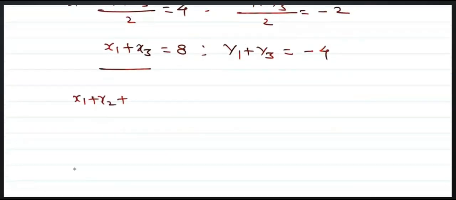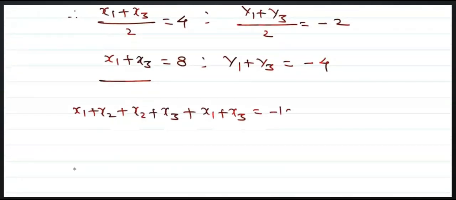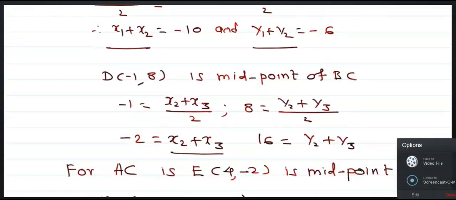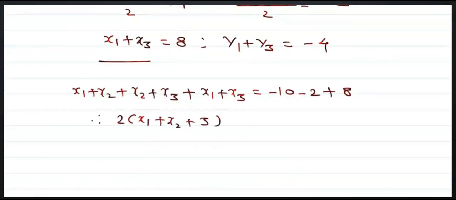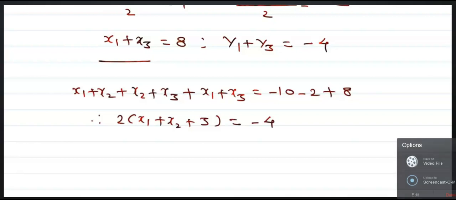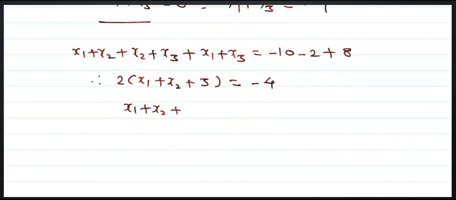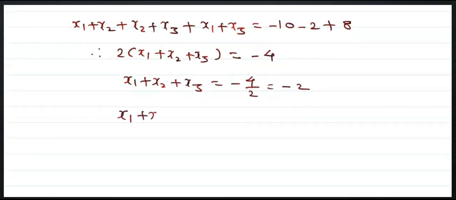Therefore, if we add all these equations, that is x1 plus x2 is equal to minus 10, x2 plus x3 is minus 2, x1 plus x3 is 8. Take the 2 as common. Then you will get x1 plus x3 is equal to minus 2.